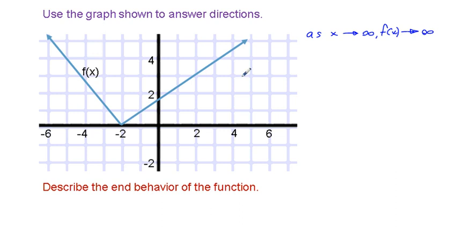And next we're going to take our other end behavior as we go to the left. As x approaches, this time not positive infinity, but negative infinity, f of x approaches what? Does it go toward negative infinity? No, we're going up again still. So we are approaching positive infinity as we go to the right and to the left.